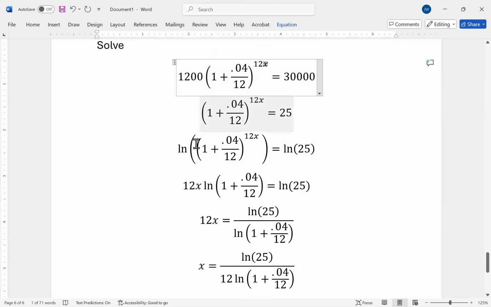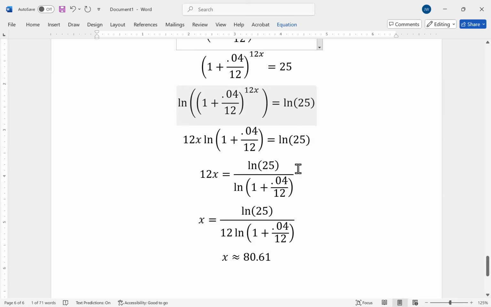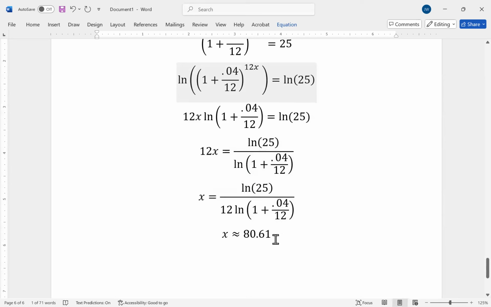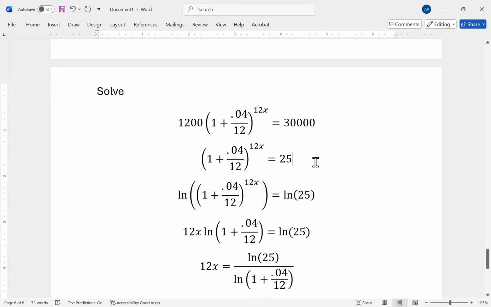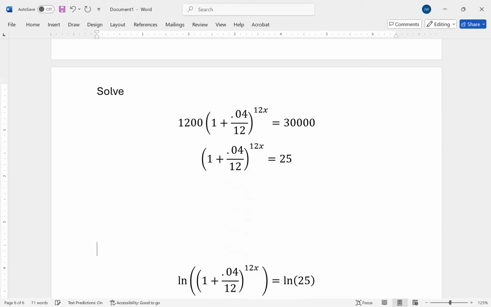Now, this is solving it by taking a natural log of both sides. We see where this ended up. Once again, at the second step, if I didn't want to take a natural log, but I noticed that this ugly number, 1 plus 0.04 divided by 12, was my base, I could have, if I'd wanted to, taken the log of that base.